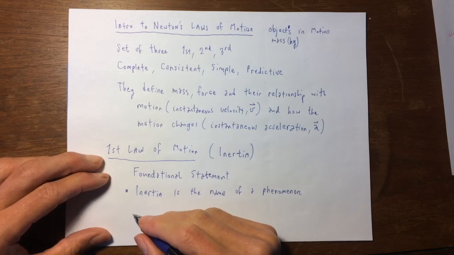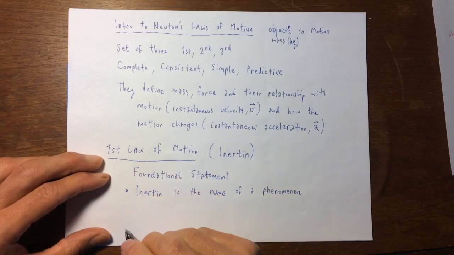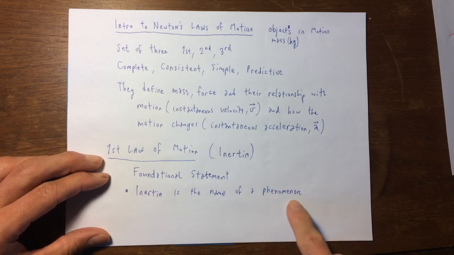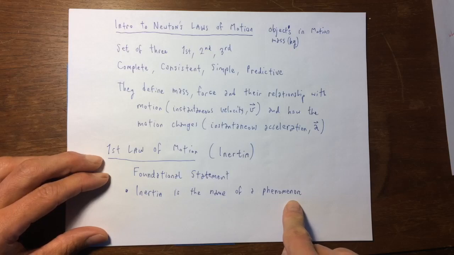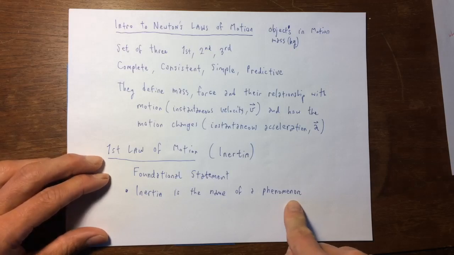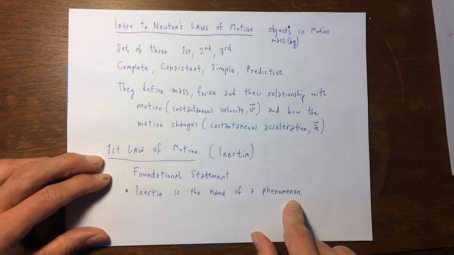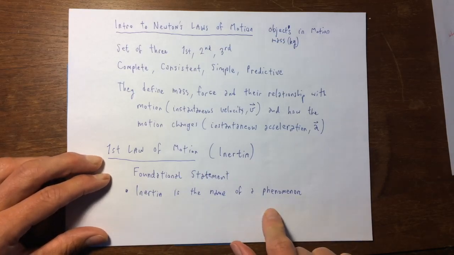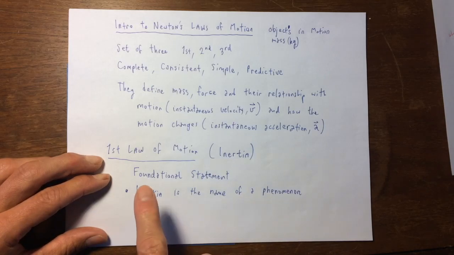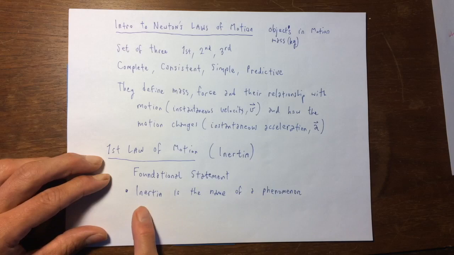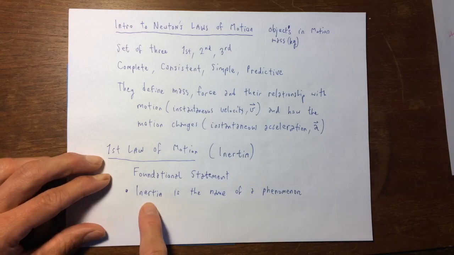What's more, Newton identified this phenomenon as fundamental to how nature works. It's a fundamental description of what happens in nature, and it always happens. Nature never does not do inertia. Nature always does this phenomenon of inertia.